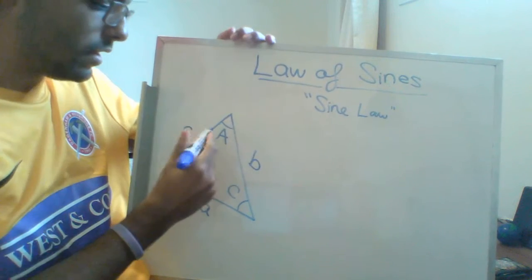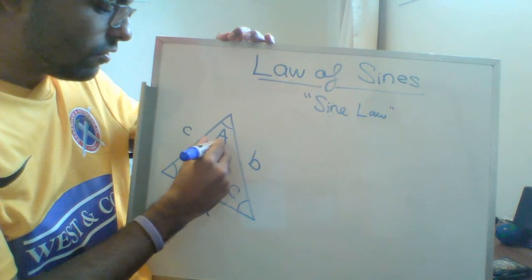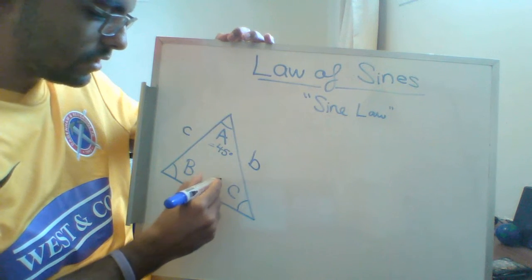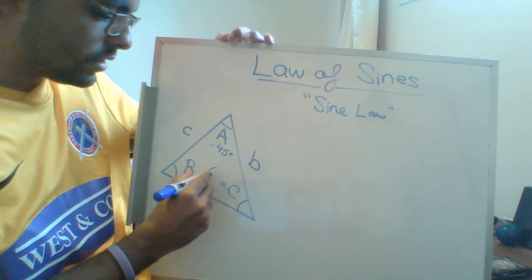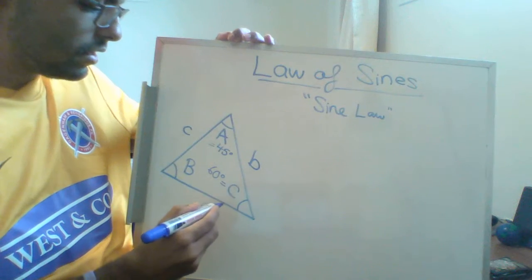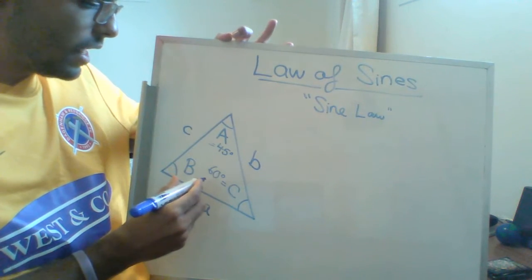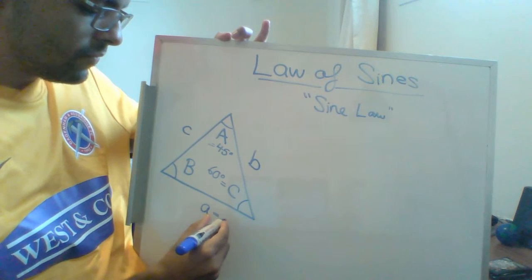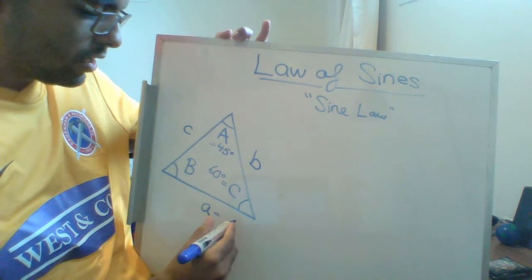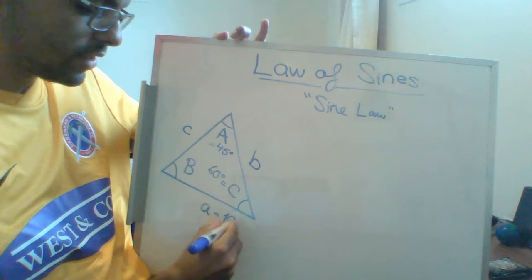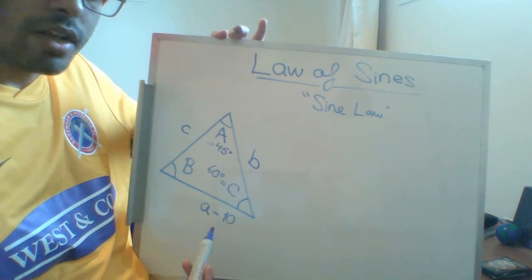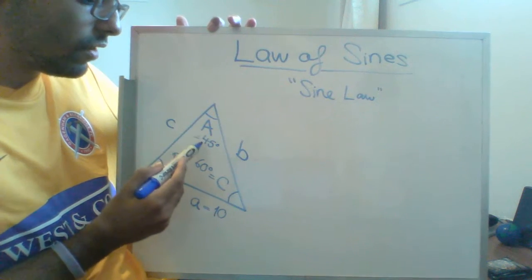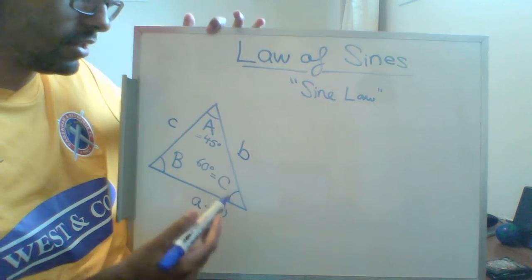Let's say angle A is 45 degrees, and let's say angle C is 60 degrees, and we'll say that side a has a length of 10 units, 10 centimeters. So side a has a length of 10 centimeters, angle A is 45 degrees, and angle C is 60 degrees.